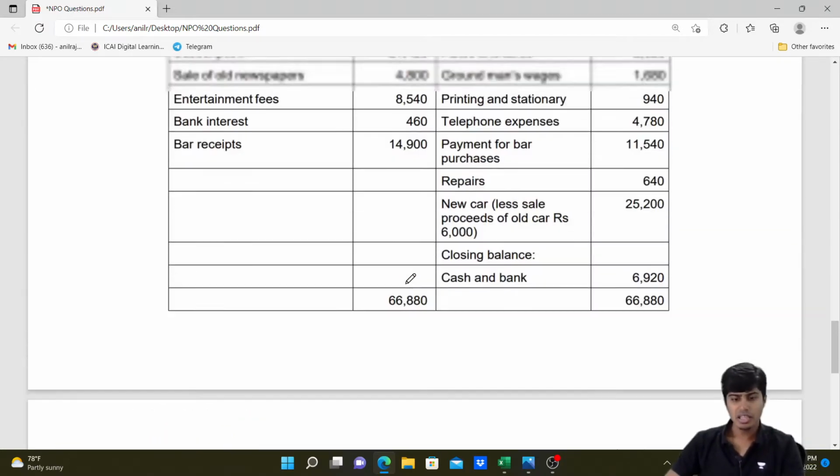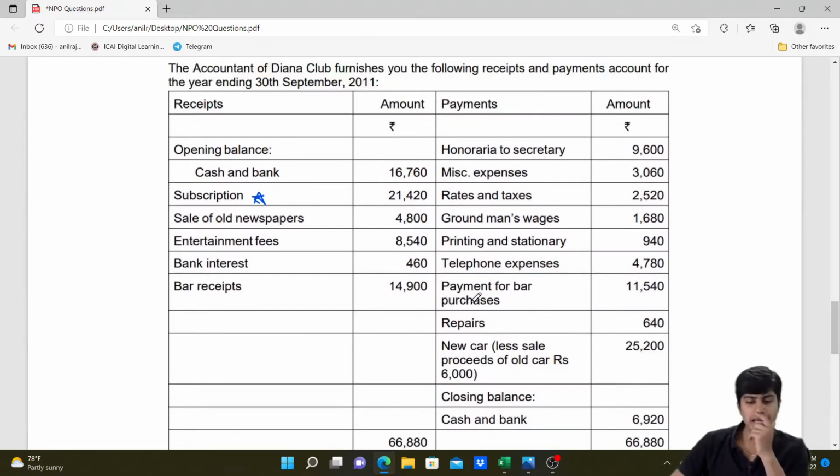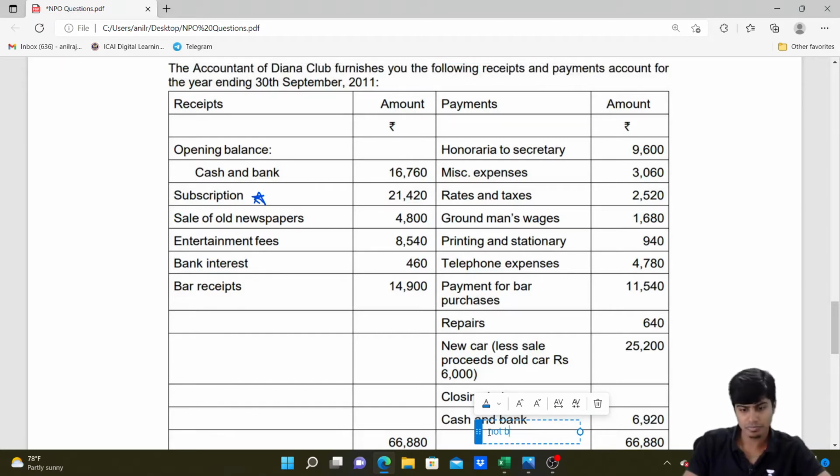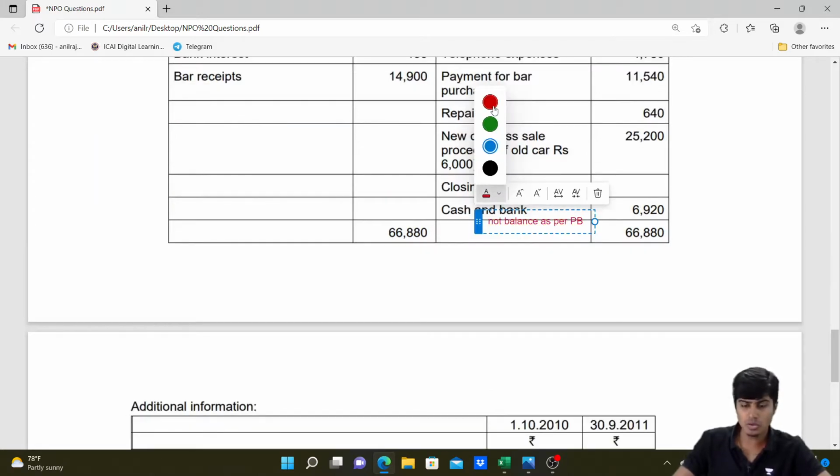If you observe the closing balance, they have given closing balance of cash and bank, opening balance of cash and bank. They have not mentioned that this balance is as per passbook. Is this balance as per passbook? No, it is not, because they have not mentioned that it is.